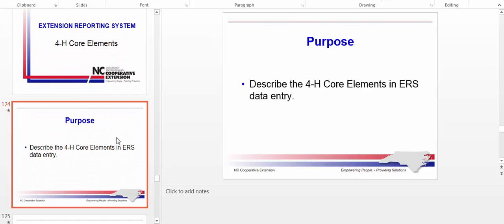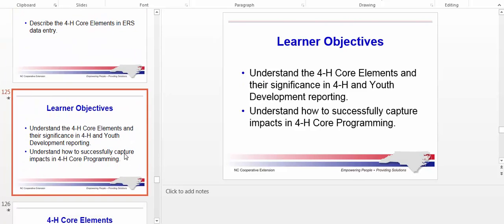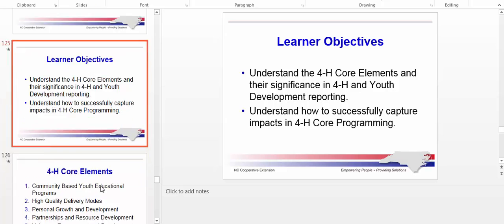Next area is 4-H core elements. How to successfully capture impacts for the 4-H core program.